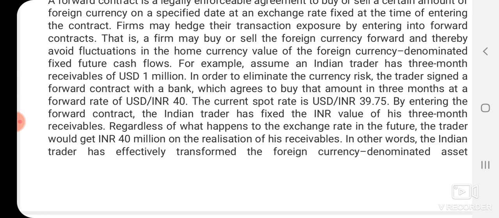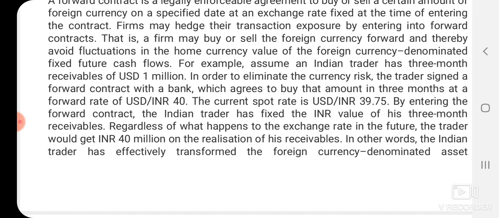It may be any commercial bank or Exim bank, whatever it may be. He signed a forward contract with a particular bank which agrees to buy that amount in 3 months at a forward rate of Indian rupees 40.